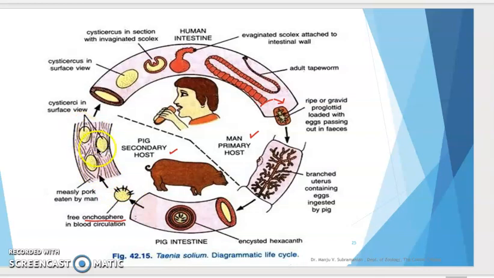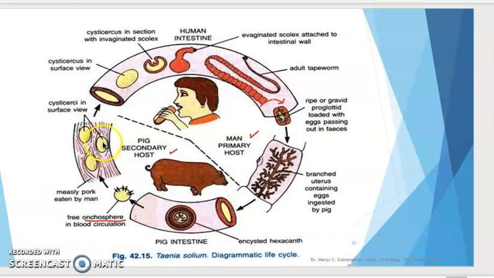It imbibes fluid from the muscle and becomes a bladder-like structure, and it gets encysted inside the muscle. It grows into a fluid-filled bladder called a cysticercus cellulosae, or the bladder worm.